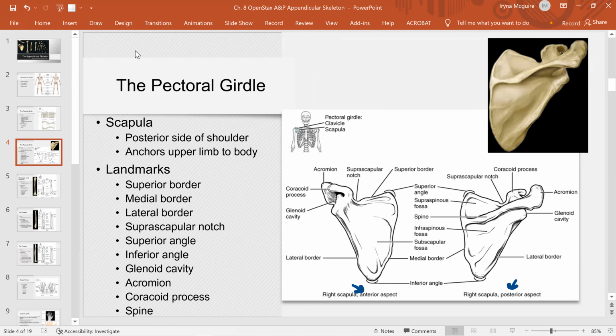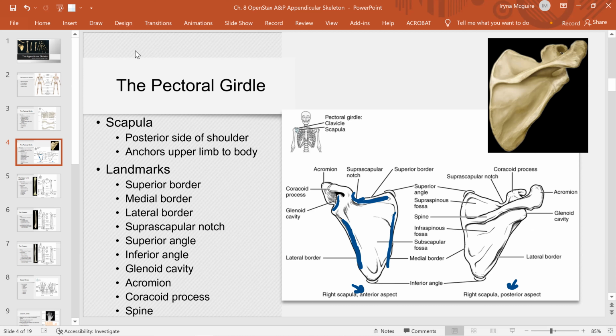And now this is the glenoid cavity, and what attaches to the glenoid cavity is the humerus, right? The bone of your arm. Now this is the lateral part. That's why we have the lateral border over here. So we have a medial border, and we have a superior border, and we have the suprascapular notch on the superior border.